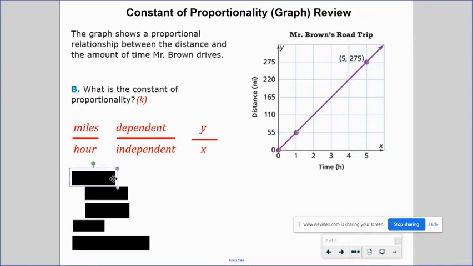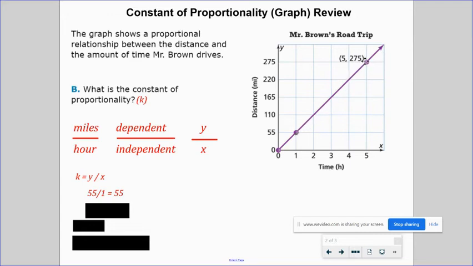So remember, when we're looking for our constant of proportionality, we are computing y divided by x. So with this ordered pair, (1, 55), we would calculate the constant of proportionality as 55 divided by 1. And we know 55 divided by 1 is 55.